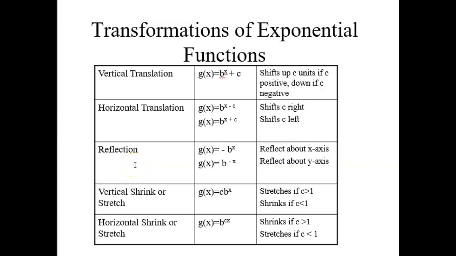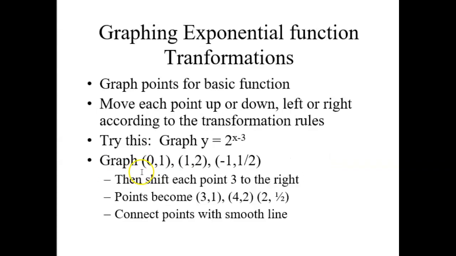All right, so let's take a look at how we would apply these transformations. So this is how I would do it. Graph the basic points for each function. In the case of 2 to the x minus 3, the basic function is 2 to the x. So these points here would be for 2 to the x.